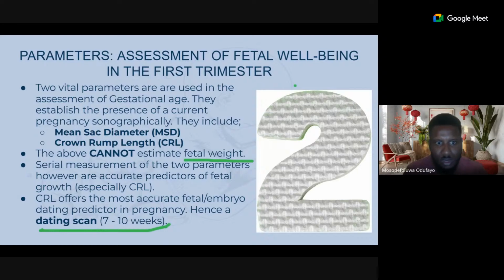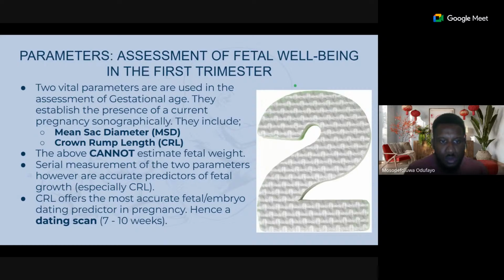So if you get a CRL that tells you this baby is about 7 to 10 weeks, that's most likely the accurate age of the baby. And most likely the expected date of delivery that you get from that will be the actual 40th week. Good. So that's very important that you should know.